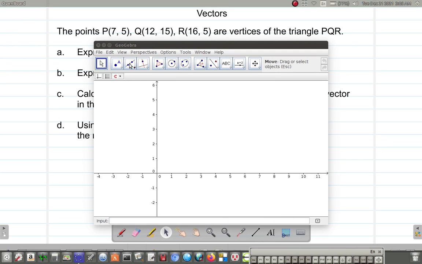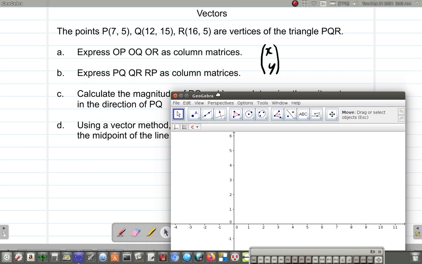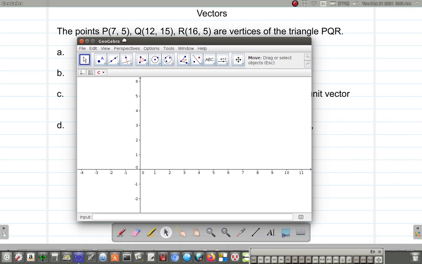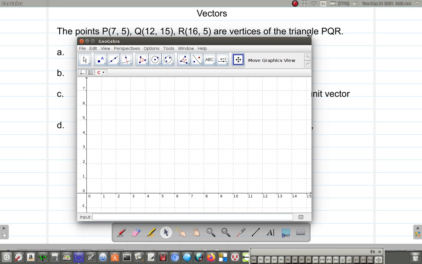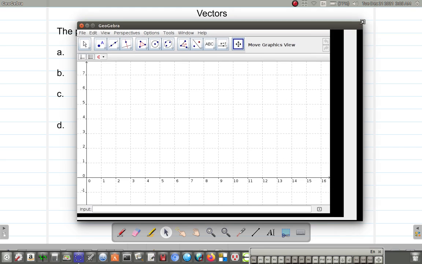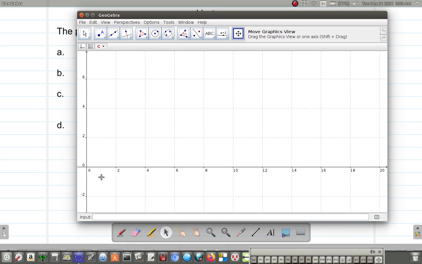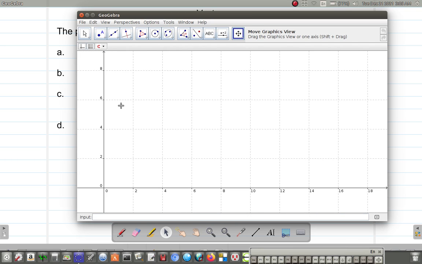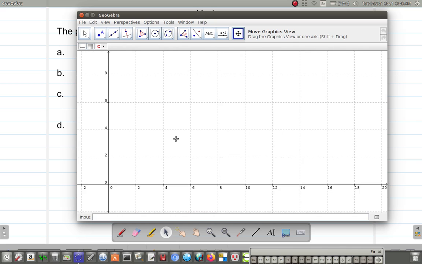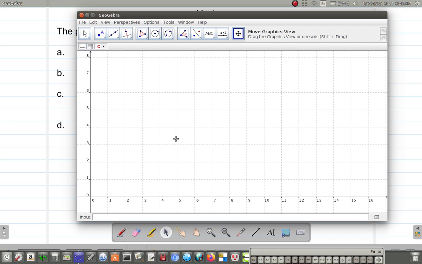We know that we have P at 7, 5. See that the values go all the way to 15 and up to 16. Let me make my graph plotter a bit larger and zoom in a little bit.